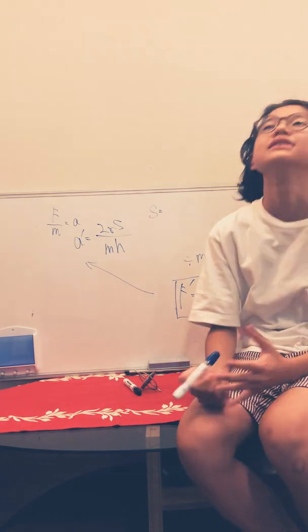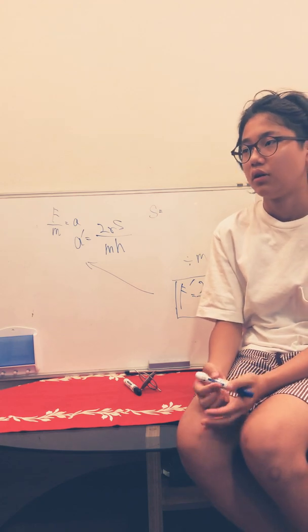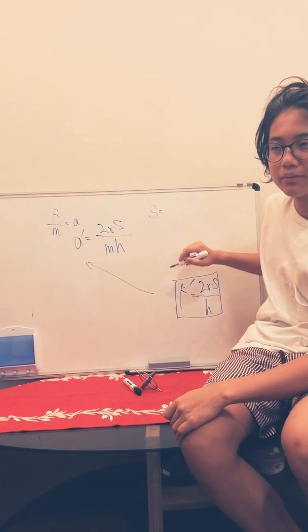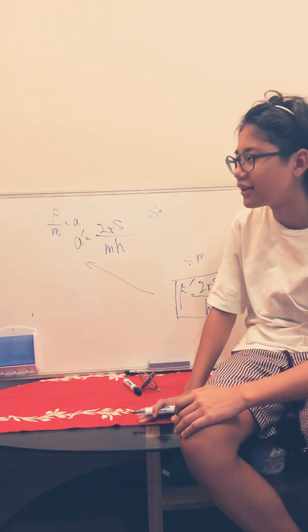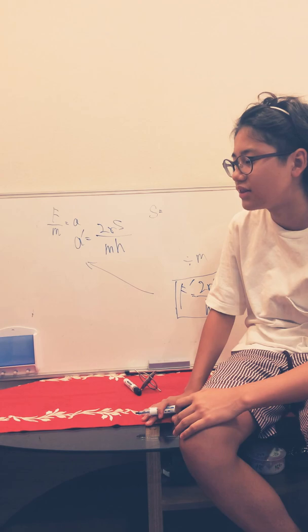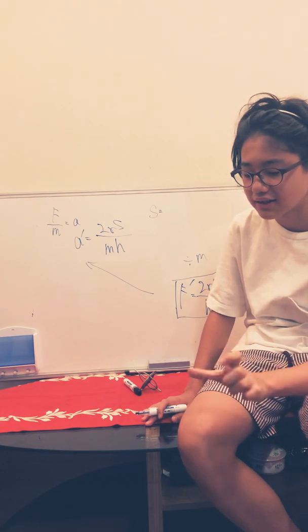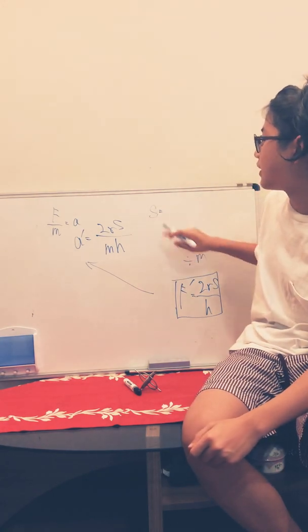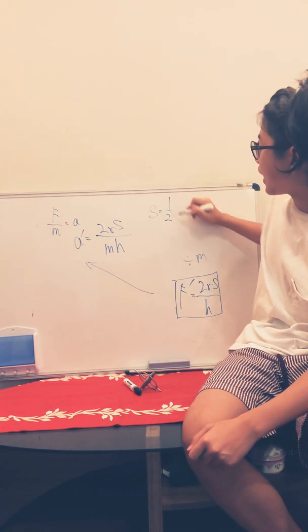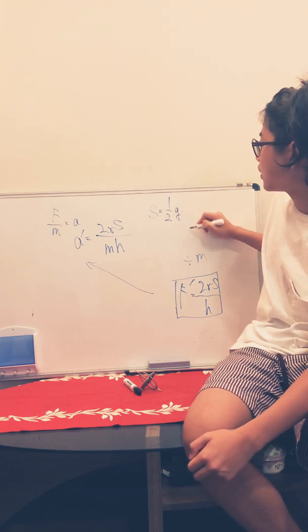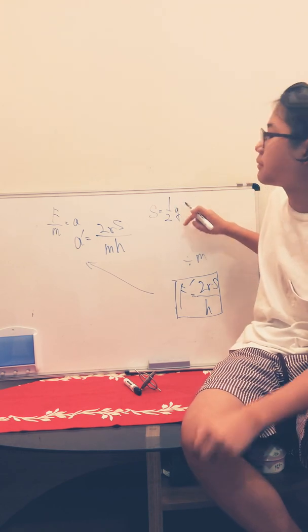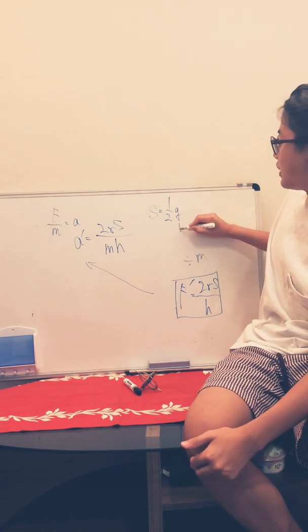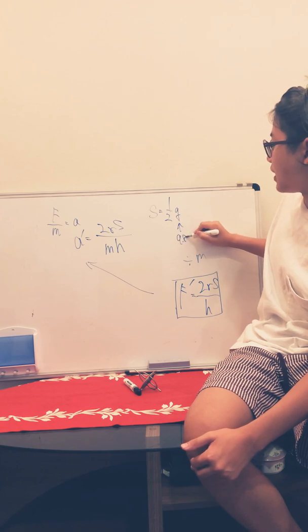Come on. S describes the distance, and S equals half of g, gravity acceleration, which I mentioned in the last video, times t, and by the way, this is 9.8.